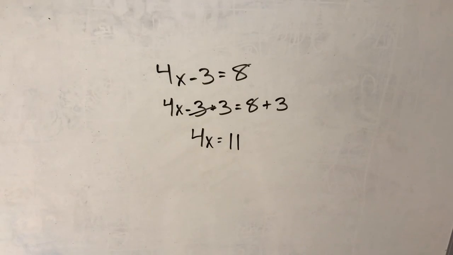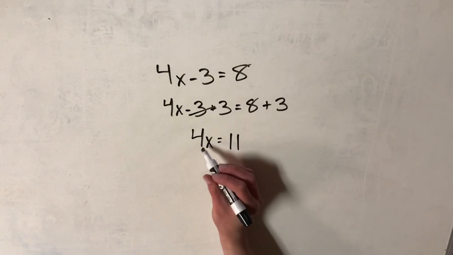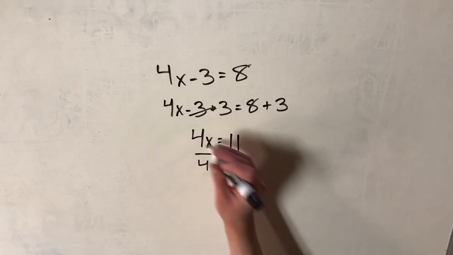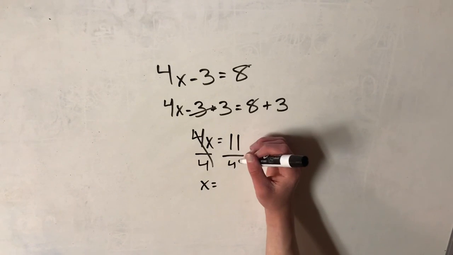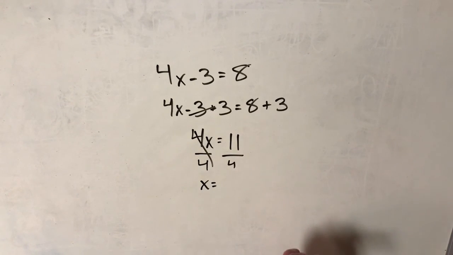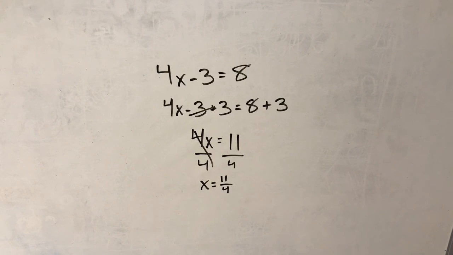And then now you see you have the 4 here. So that's multiplying by 4. So now you would divide by 4 on both sides. Those cancel. And here, if you can't simplify the fraction, then don't. If you want to put it in decimal form, you can, but you can just leave it as 11 fourths. So x equals 11 fourths here.